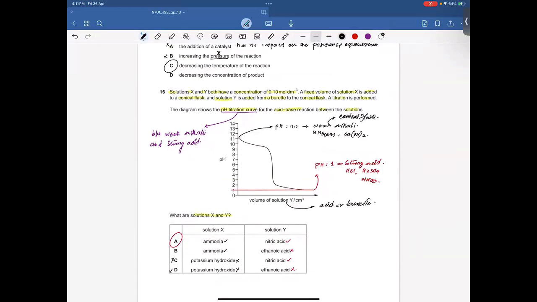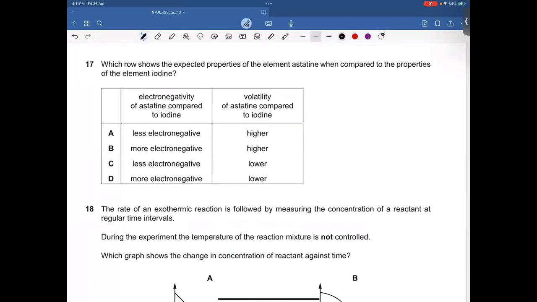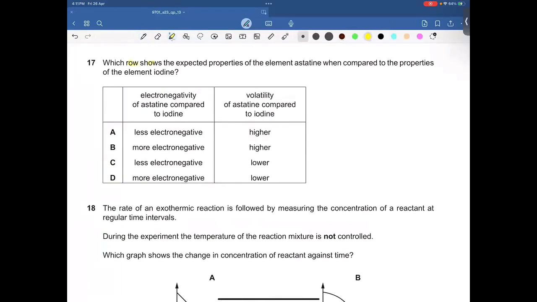Question number 17. Which row shows the expected properties of the element astatine when compared to the properties of the element iodine? Electronegativity of astatine compared to iodine.